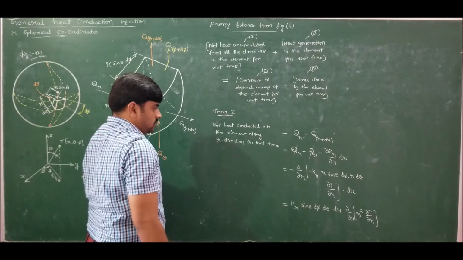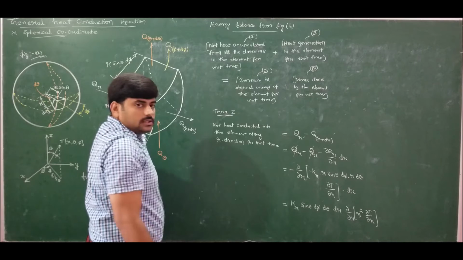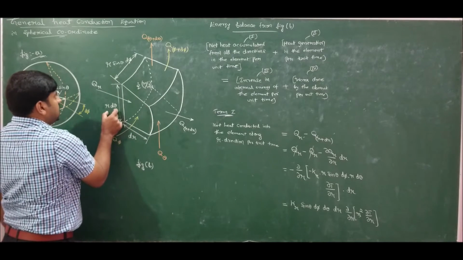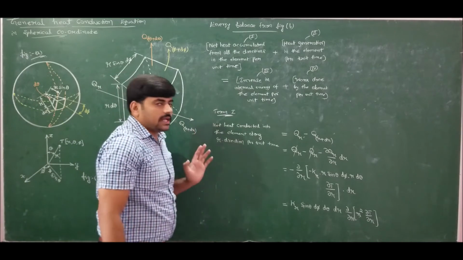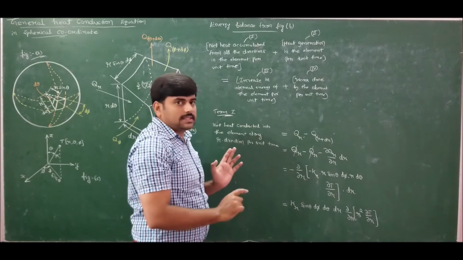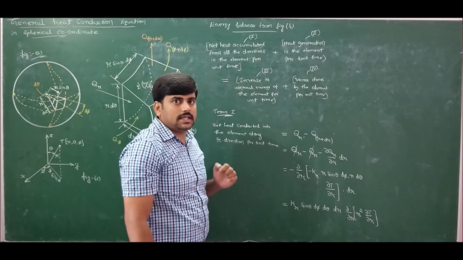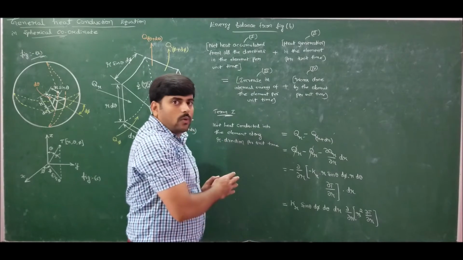Now I want to take the volume outside. So the volume is dr into r d theta into r sin theta d phi. So that is what we have done. We have throughout taken the volume common from LHS and RHS, and we are going to cancel it off in the final expression, which you have already seen in the derivation of Cartesian and cylindrical coordinates. So I want to take volume common.